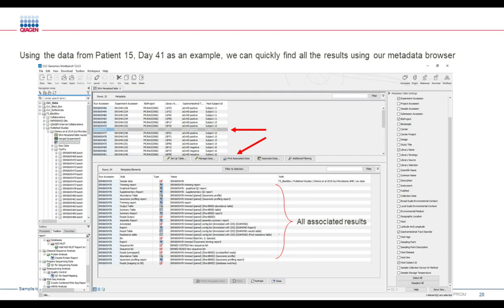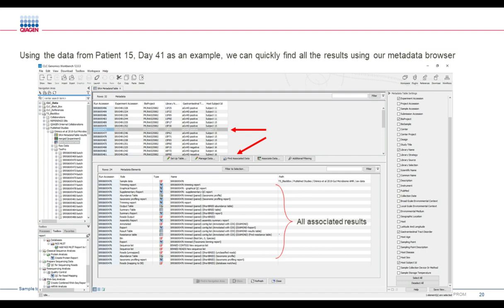And this creates a very easy way to navigate all of your results. Because once you start doing taxonomic profiling, AMR prediction, de novo assembly, etc., you might expect to find that you're going to have a large number of samples that you would need to keep track of. And this provides an easy way to do that.